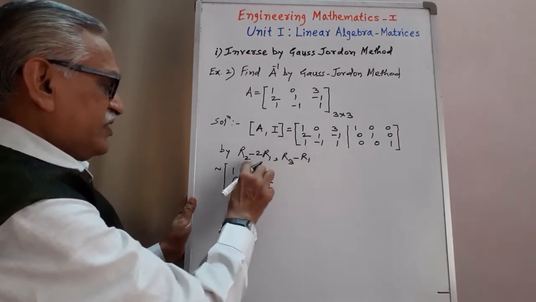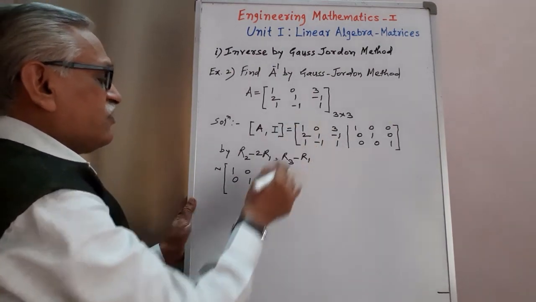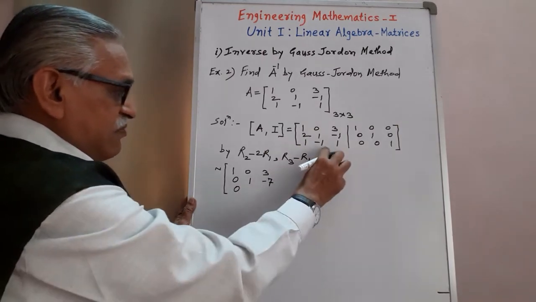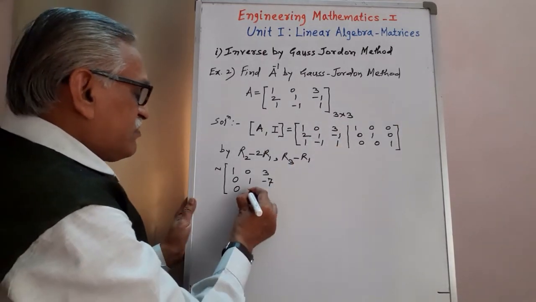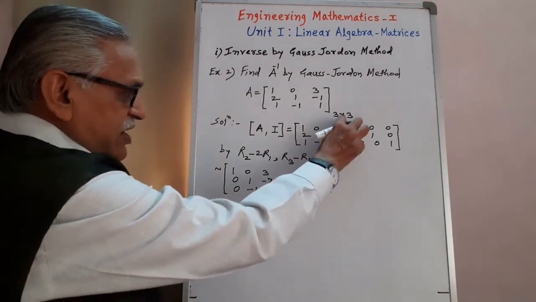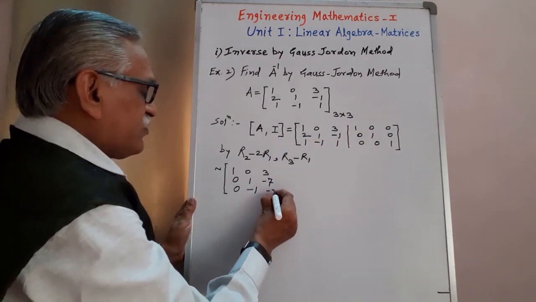Then R3 minus R1: 1 minus 1 we get 0, minus 1 minus 0 we get minus 1, 1 minus 3 we get minus 2.